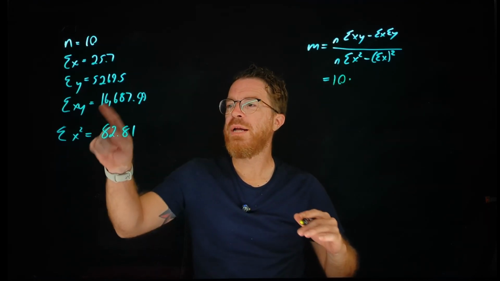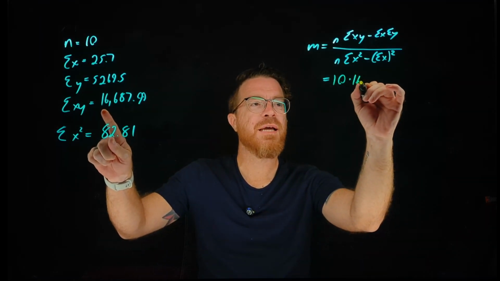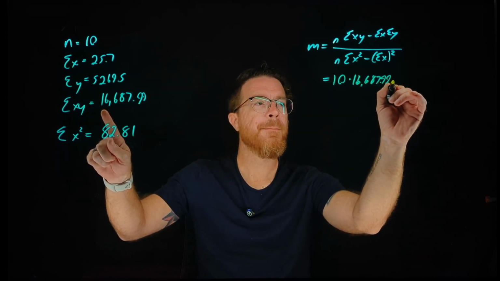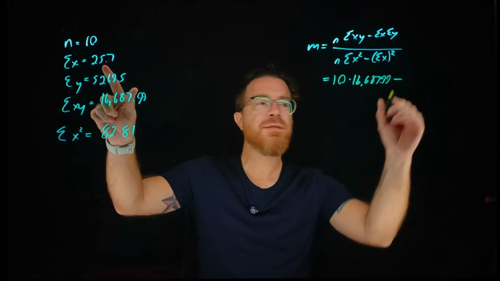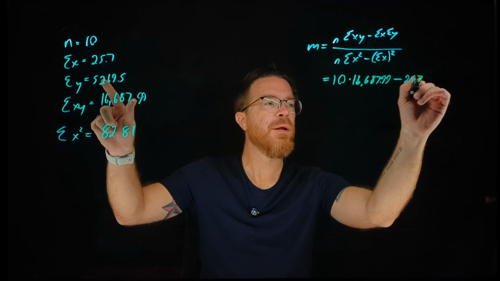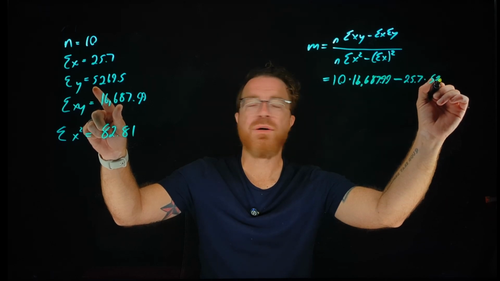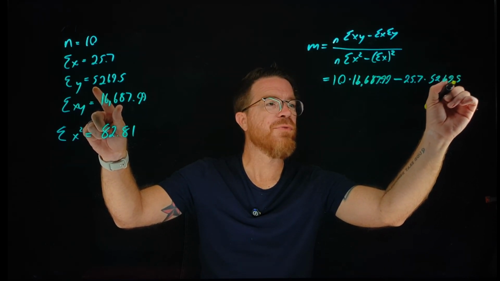Our sum of xy is equal to 16,687.99 minus the sum of our x's, 25.7, times the sum of our y's, 5,269.5.